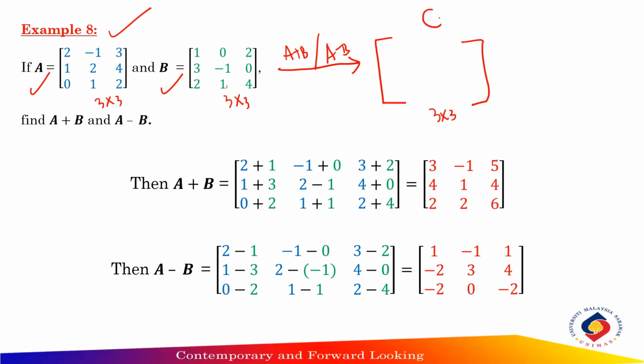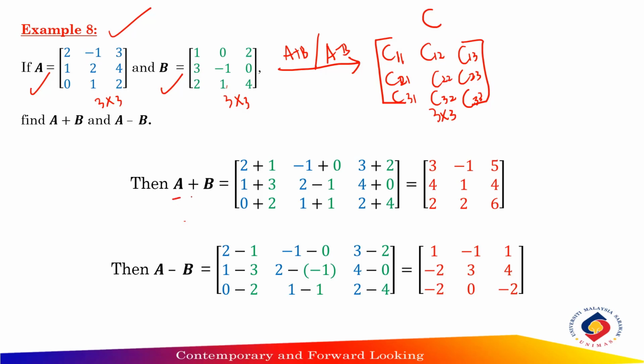Let's say C, with elements C11, C12, C13 until C33. As I mentioned earlier, to solve addition and subtraction of two matrices, we can add or subtract the corresponding elements of those matrices.